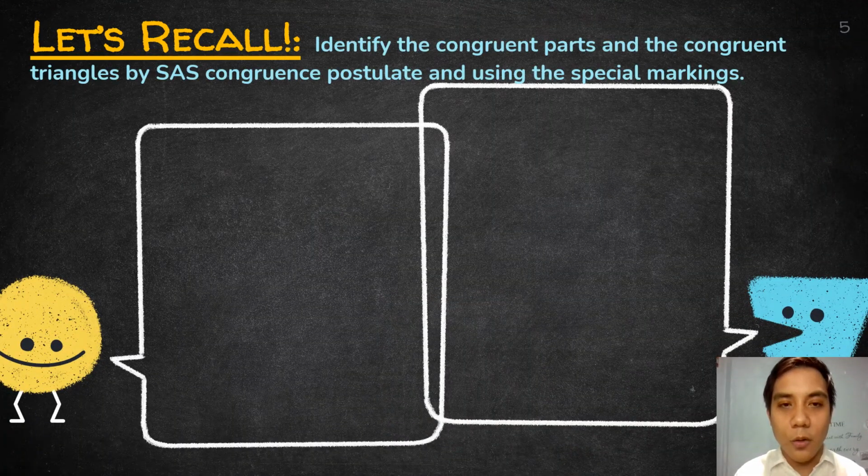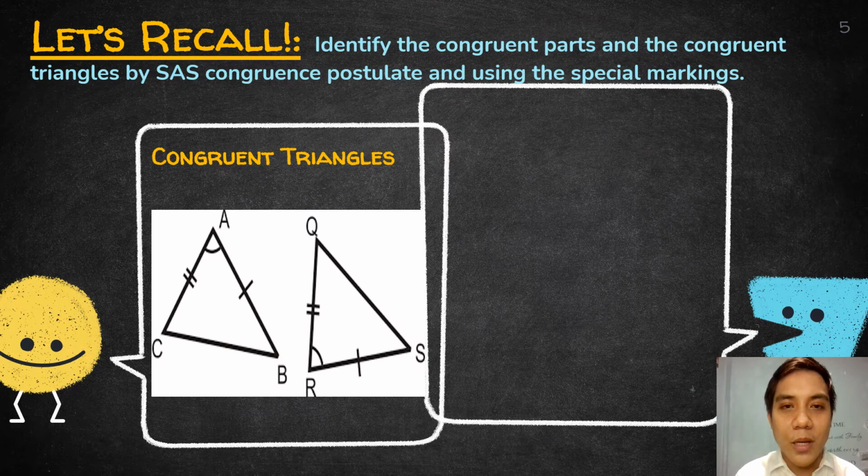Learners, let's recall. Identify the congruent parts and the congruent triangles by the SAS congruence postulate using the special markings. Given the two triangles, what are the congruent parts under the SAS congruence postulate?